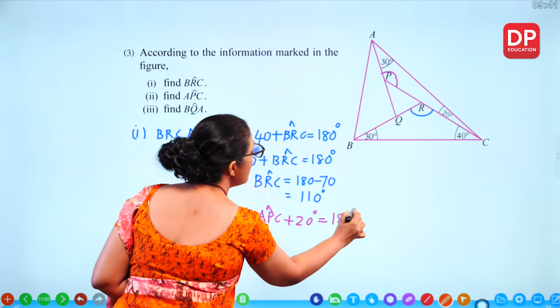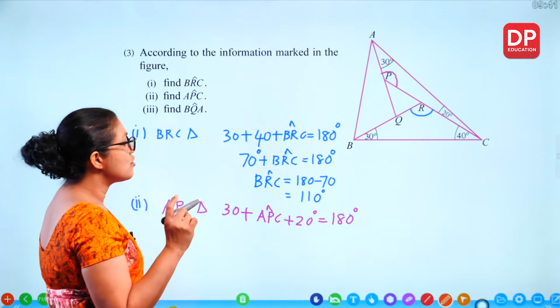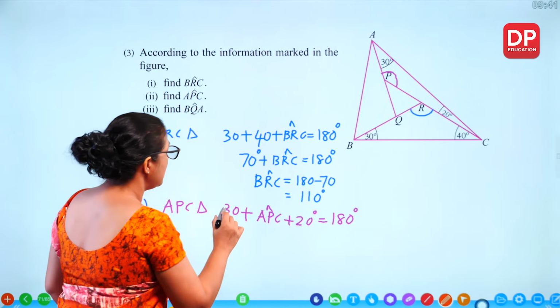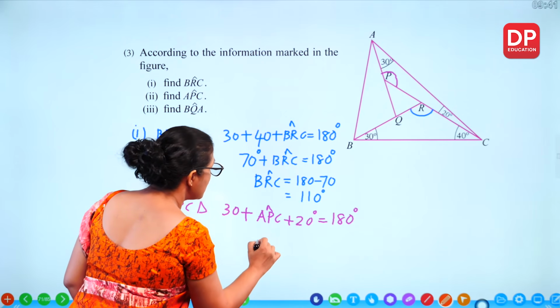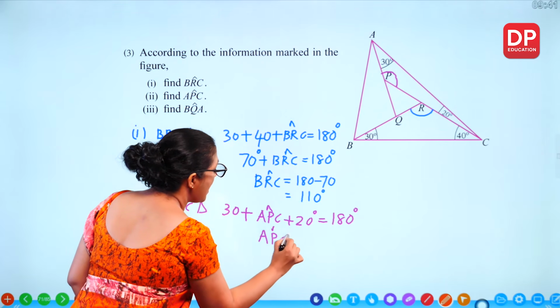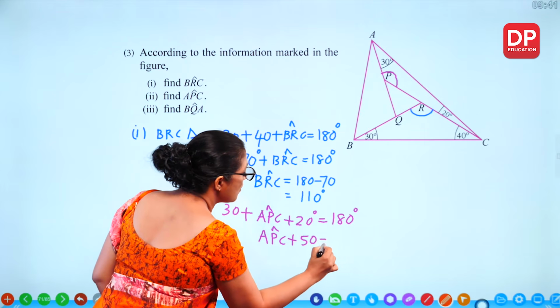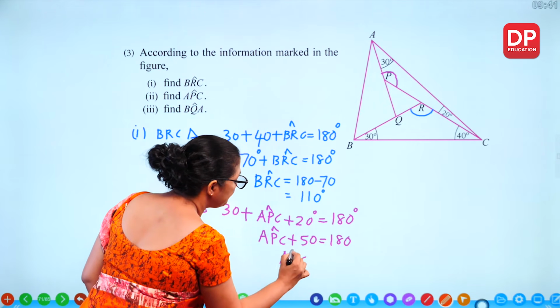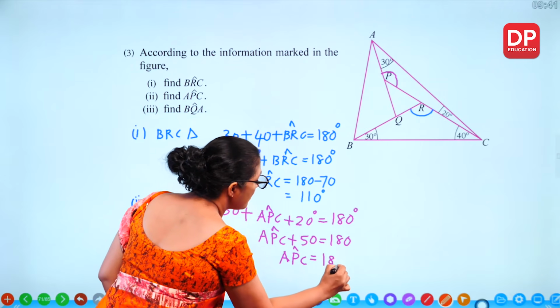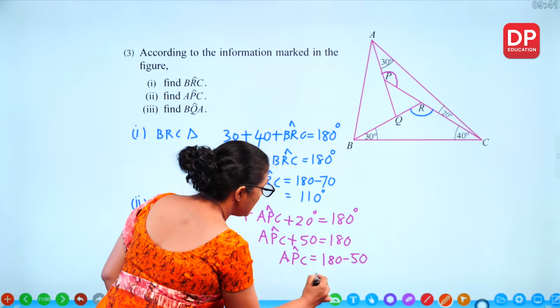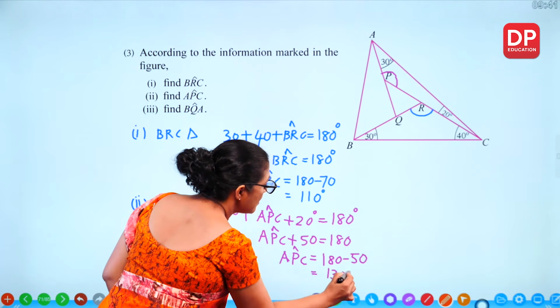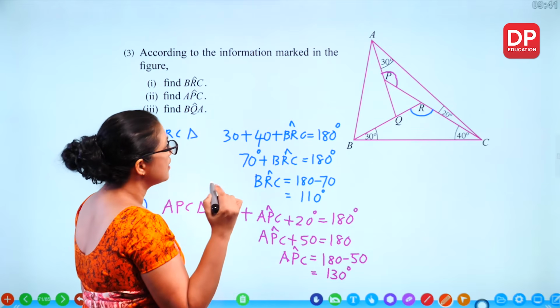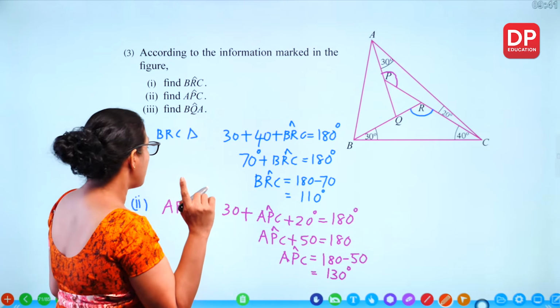That's also a triangle. The sum of angles in a triangle is 180. So 30 plus 20 is 50. APC angle plus 50 equals 180. So what's APC? 180 minus 50, 130 degrees. So APC is 130.